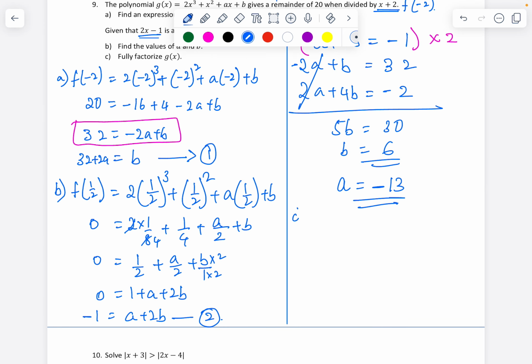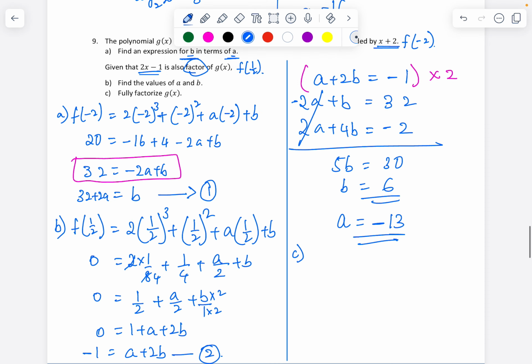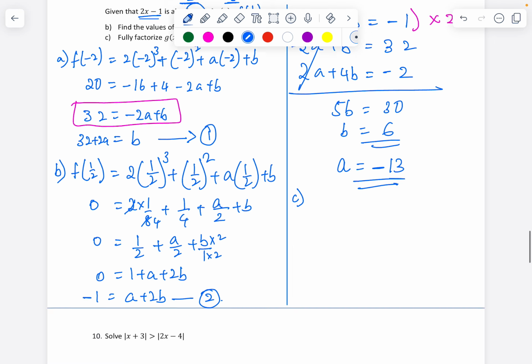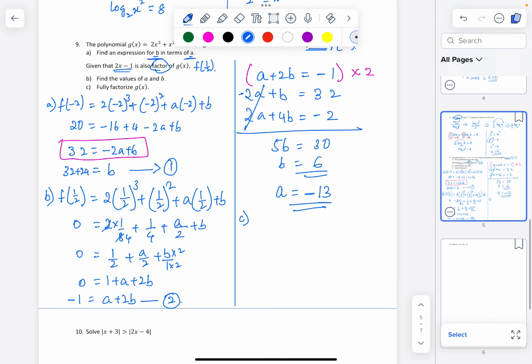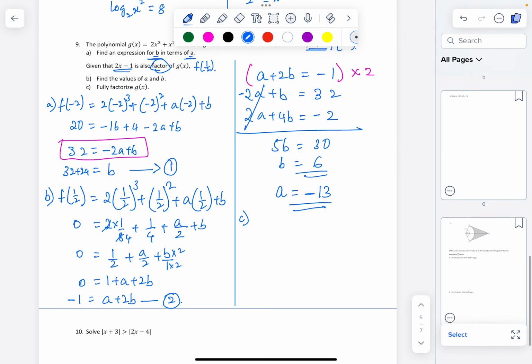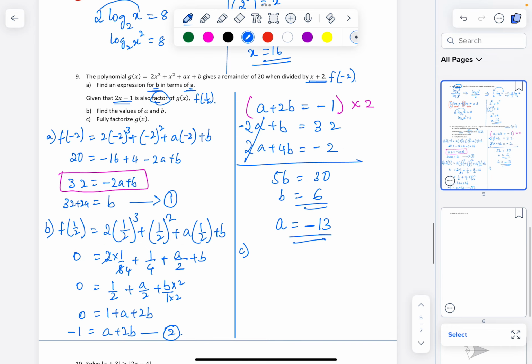So now part c is to fully factorize g of x. I think I don't have space here, so I will add one more page. I don't know how to add one, but I will try.